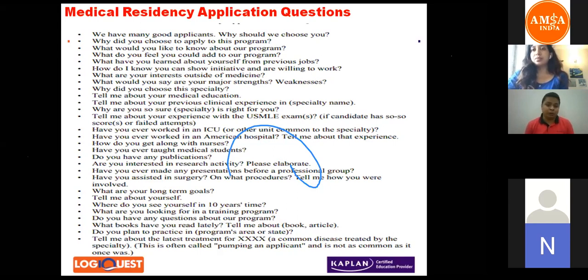Tell me, how were you involved? So at some point, if nowhere else, at least during your internship, you would have about 15 days or 1 month of surgery posting. So maybe you can extract some incidents from that as well. That can add to your talking content that you would be sharing with your program director. What are your long-term goals?